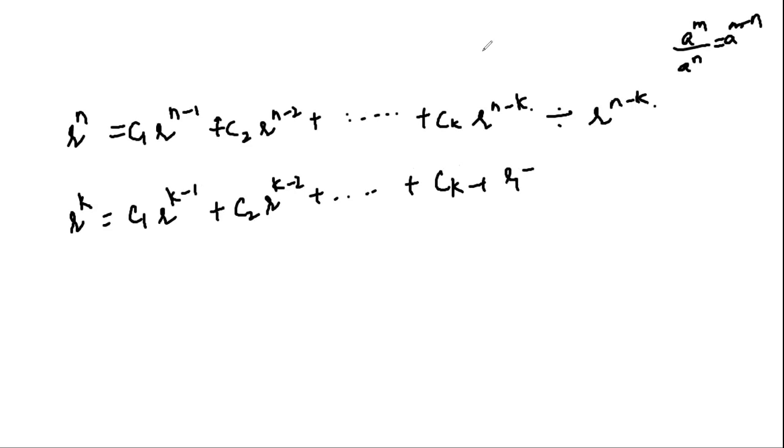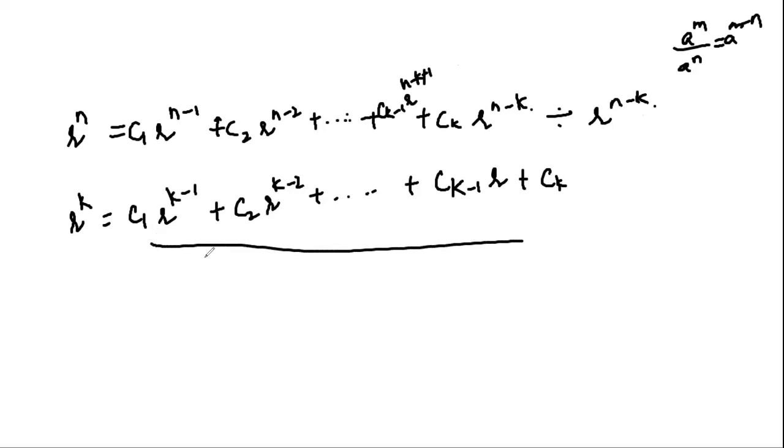So I am writing the previous term: the term before this will be c_(k-1) r^(n-k+1), when we divide it by r^(n-k), so it will be c_(k-1) r plus ck. So r^(n-k) and r^(n-k) will get cancelled.